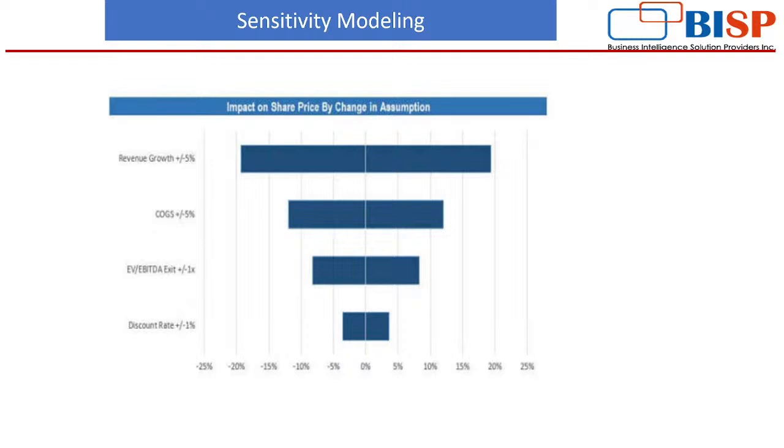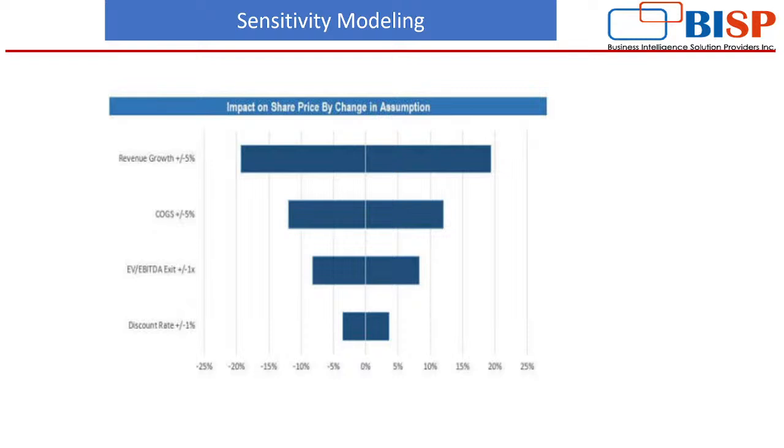So here this is one extract by which we do sensitivity modeling. If you can see here, what is the impact on the share price by a change in the assumptions. If you see, the discount rate, if it is plus or minus 1, then the impact would be between -5 to 5%.